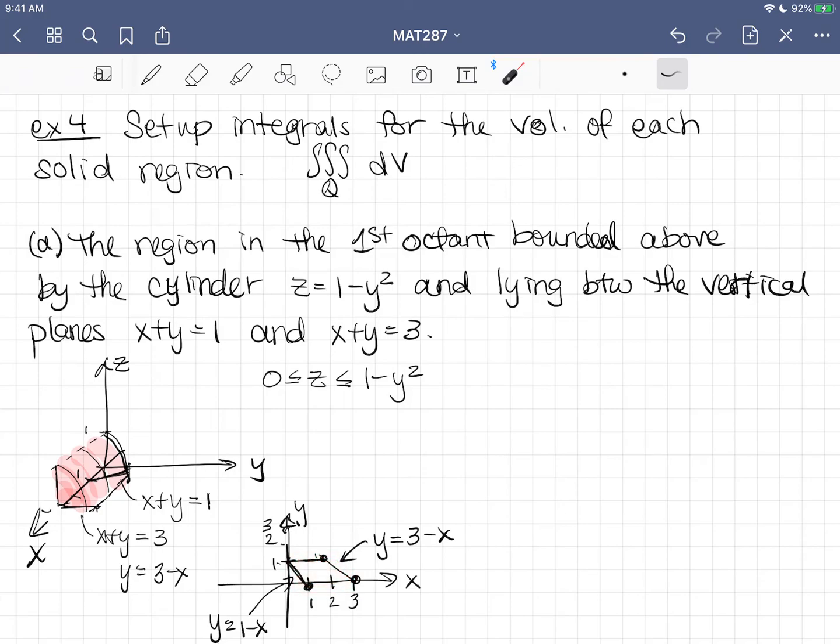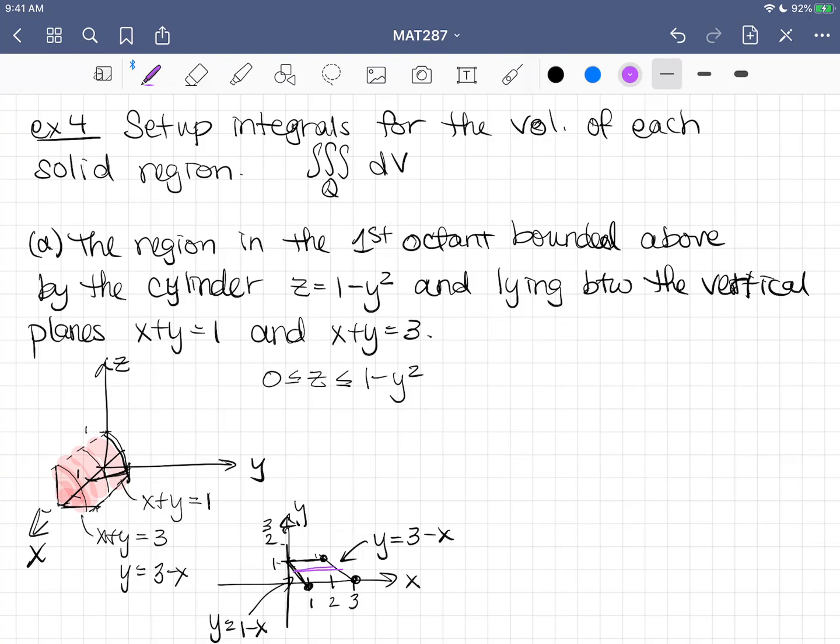Well, in this case, if I do vertically simple, here I'm running from the line to y equals 1. But once I cross x equals 1, I'm running from y equals 0 to y equals 1 for a little bit. And then again, when I hit here, I'm going to switch to y equals 0 to this line. So I'm going to have to break this into multiple pieces to deal with it vertically simple. So it's best if we go horizontally simple.